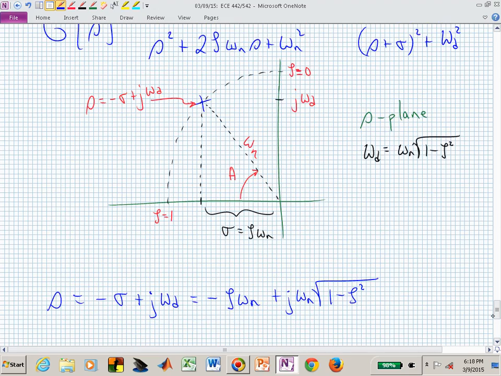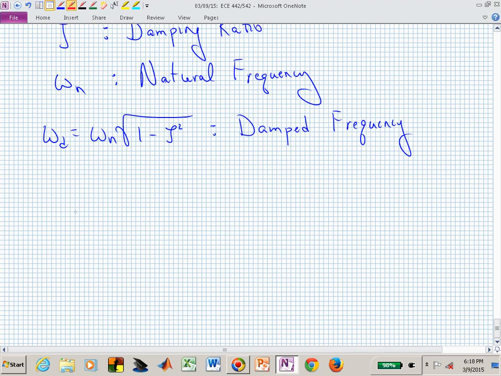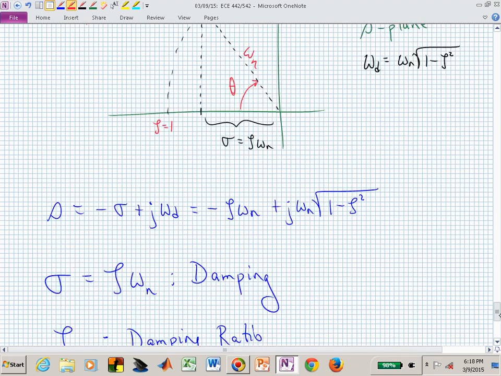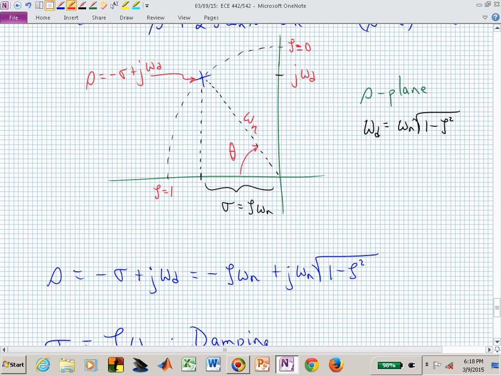And if you wanted to, what happened to my theta? It lost its bottom. If you wanted to look at what that angle theta is, you could relate theta, zeta, and omega sub n if you said, well, I'm interested in the cosine of that angle theta. That's now the adjacent, sigma, over the hypotenuse.